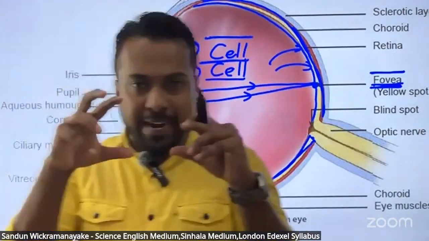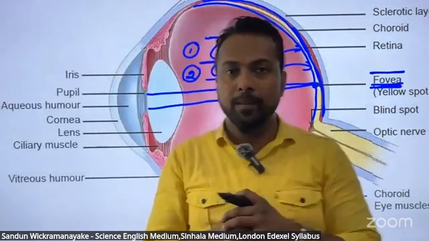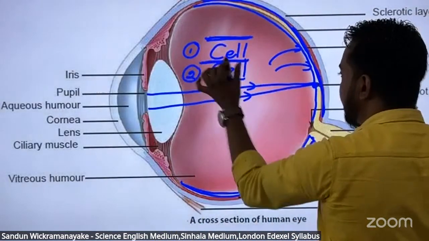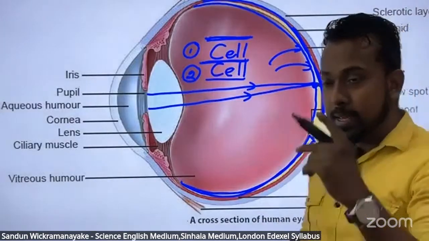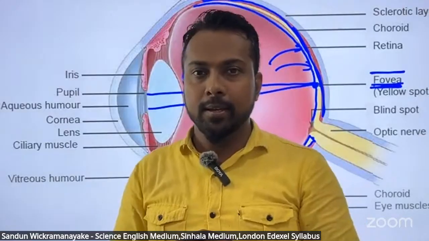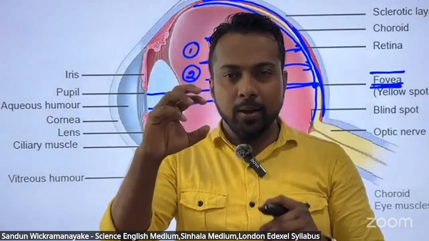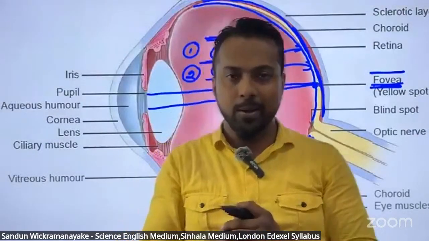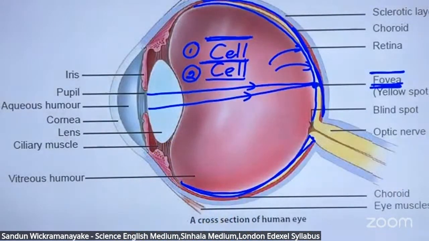That cell is a kind of nerve cell. After that stimulation, we can see only black and white colors.